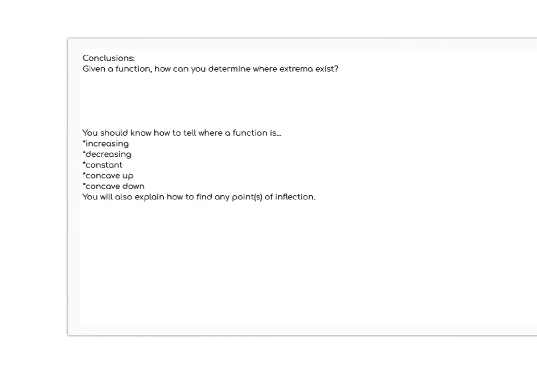To figure out where extrema are, without graphing it, we've got to do a couple things. We've got to take the derivative. This is going to let us find some critical values.